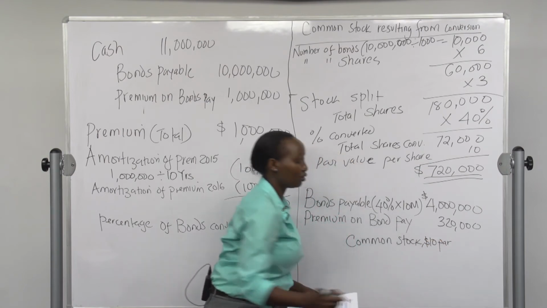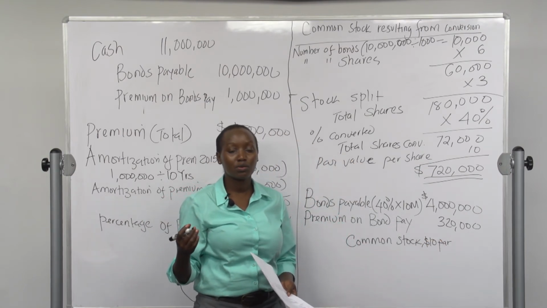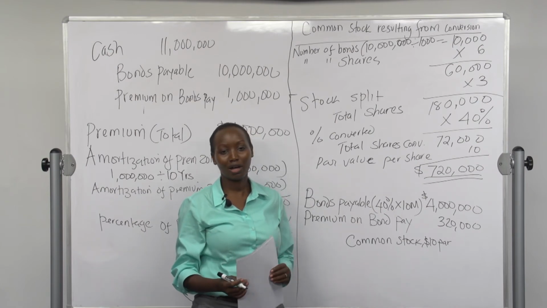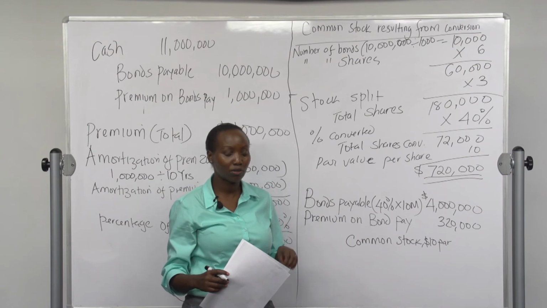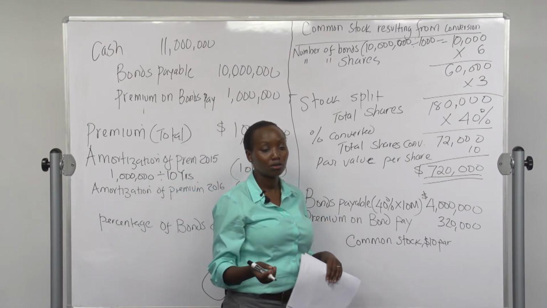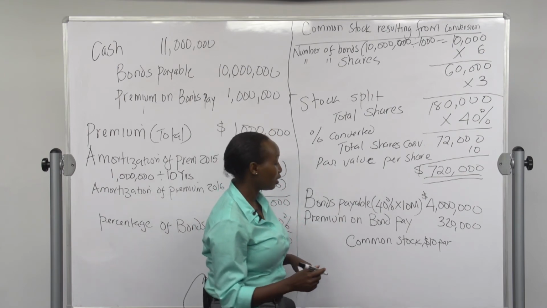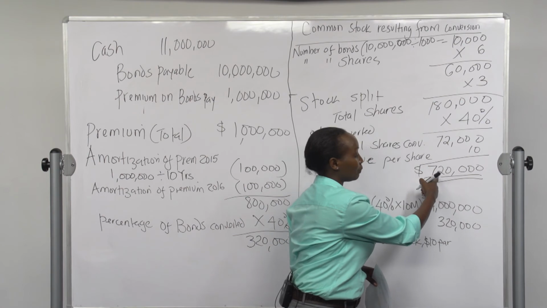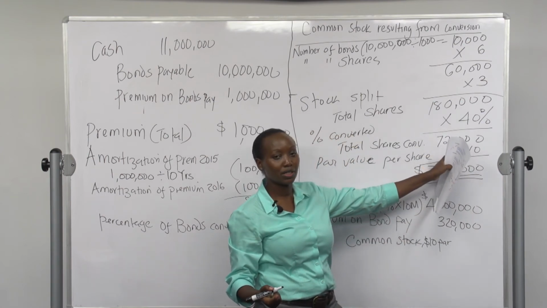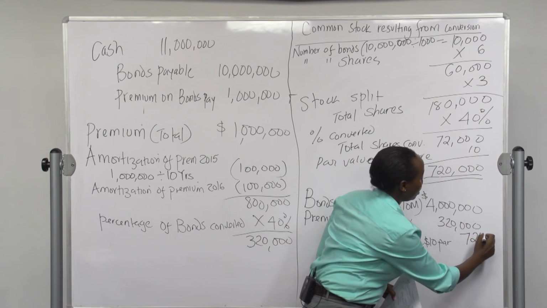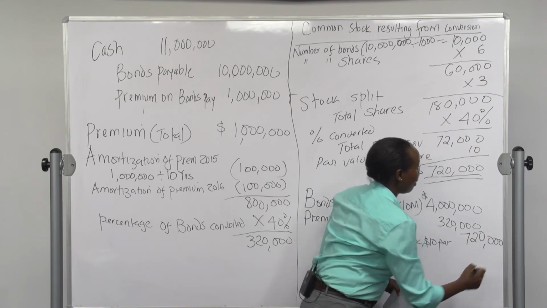The reason it's $10 par when originally it was 30 is that whenever we have a stock split, we divide the par value based on the resulting number of shares. So we had $30 per share, we divide that by 3, and now we are down to $10 per share. But the total value is the 72,000 shares times 10, so we have 720,000 for the par value.